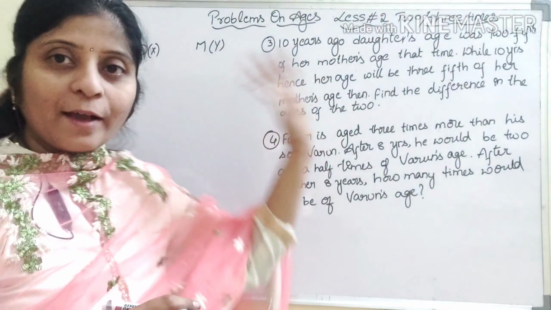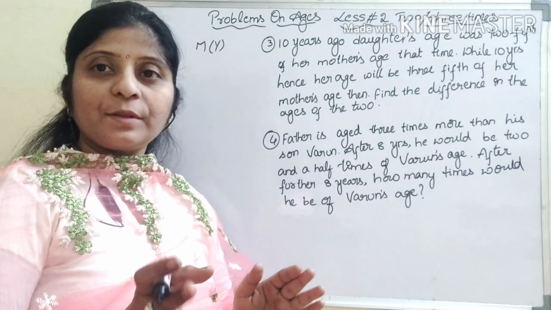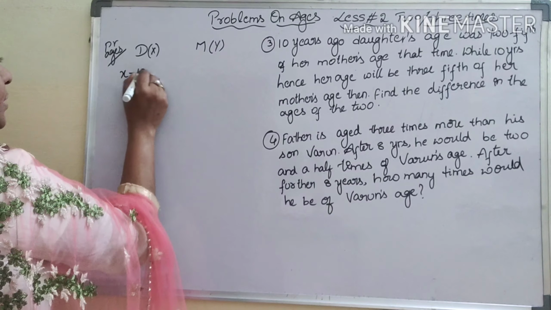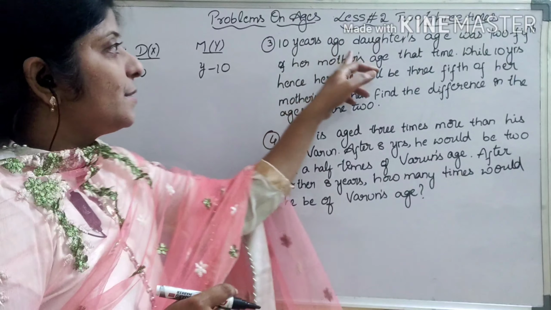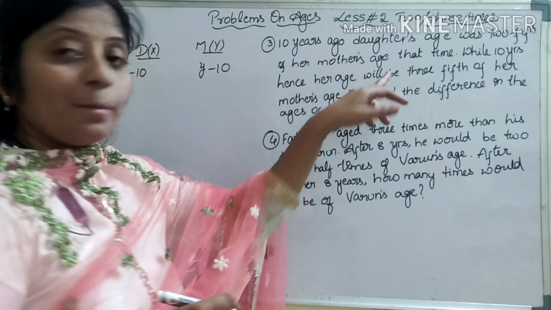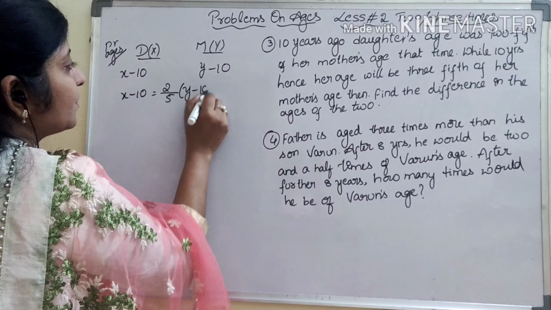Now, 10 years ago. Ago means in past tense. In past, we will subtract the ages. 10 years ago, we will get X minus 10 and here Y minus 10. 10 years ago, daughter's age was 2/5, nothing but 2 by 5 times of mother's age.